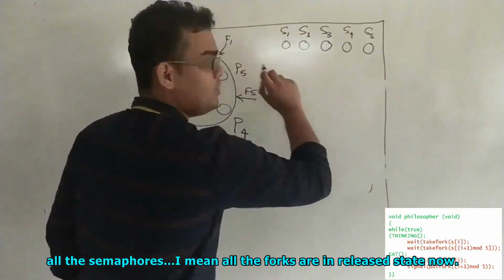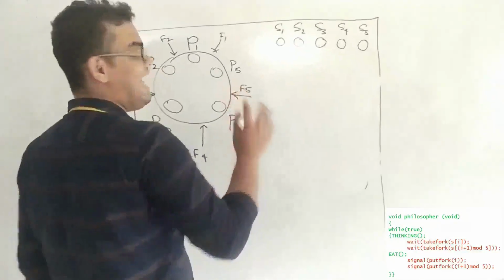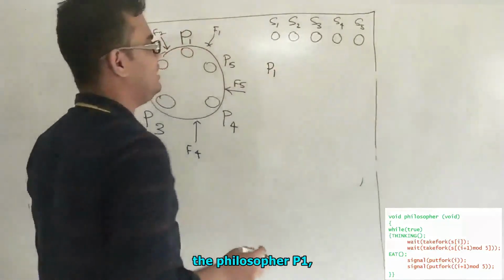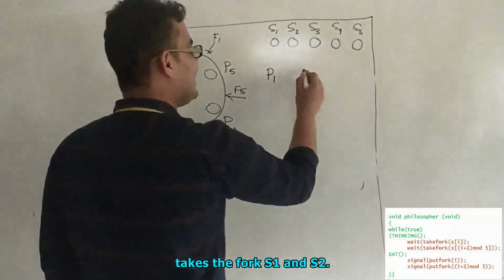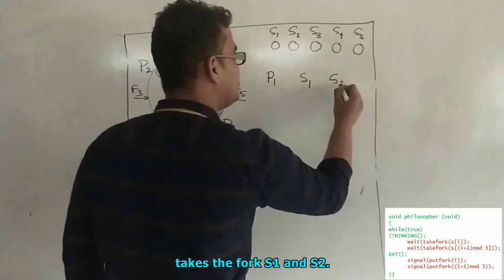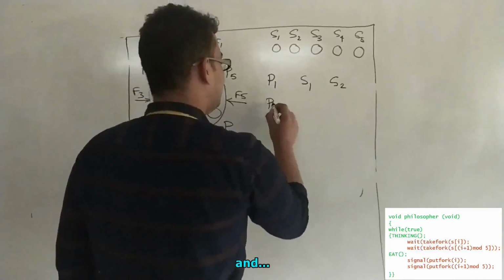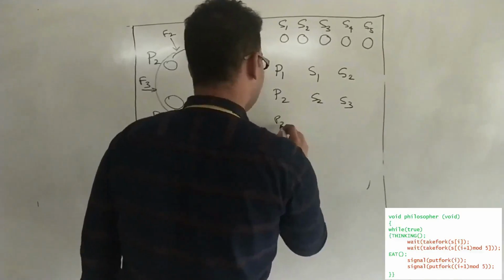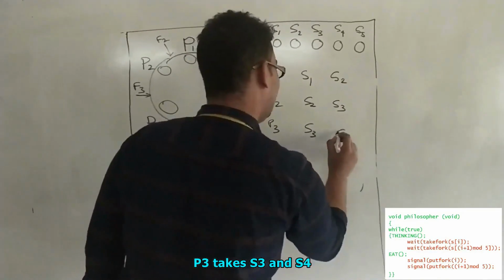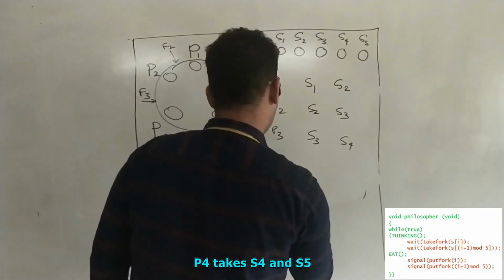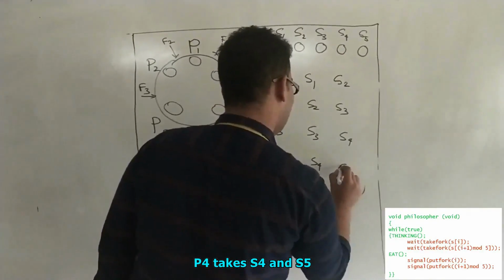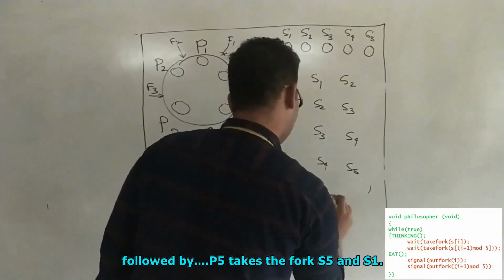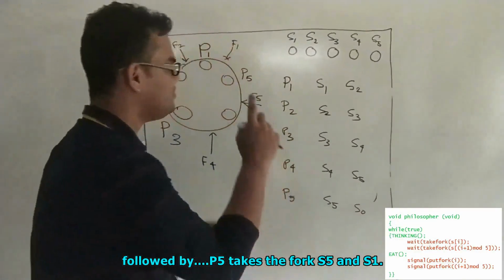So as per the condition, the philosopher P1 takes the forks S1 and S2, P2 takes S2 and S3, P3 takes S3 and S4, P4 takes S4 and S5, followed by P5, who takes S5 and S0.